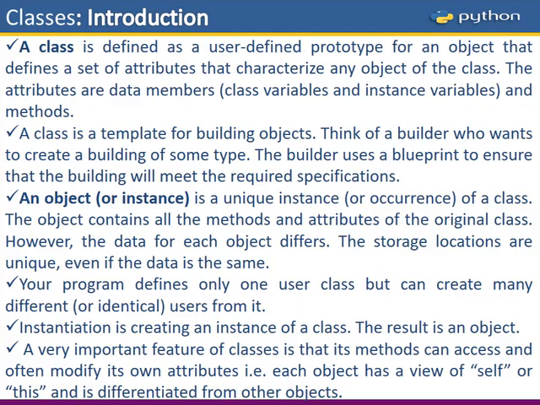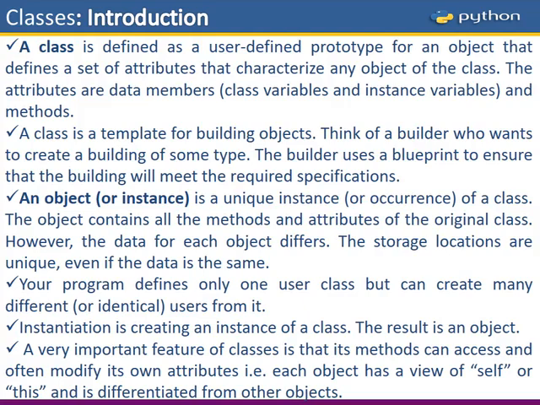A builder wants to create buildings of different types. So the builder uses a blueprint to ensure that the building will meet the required specification. That's why I said a class is like a blueprint for creating objects.